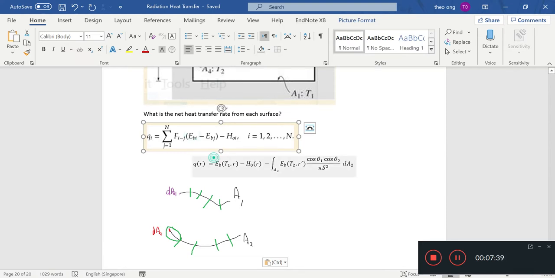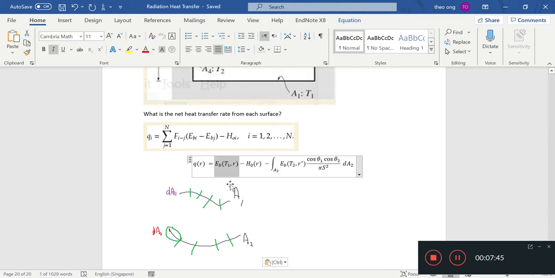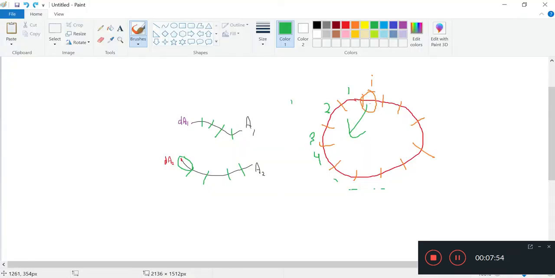We sum them all up with the view factors, and we will get back this term. So we're just splitting this emission term up into the radiation that's being received at each of these individual surfaces. So that's just what the summation is.